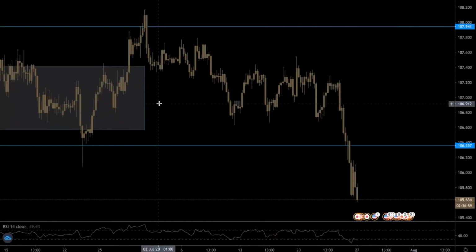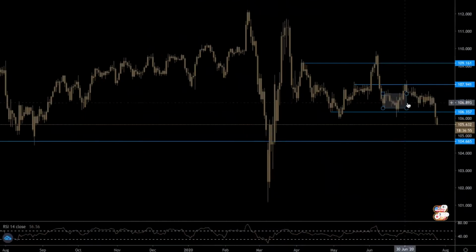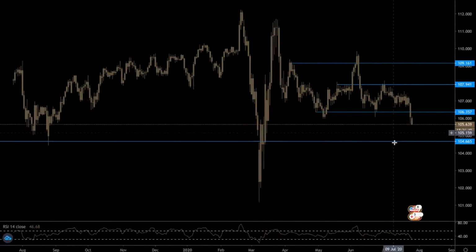Let's see what UJ is doing with the dollar just losing its mind. Everything happening in China, just all sorts of stuff. I mean, this thing's going to go to 105 for sure. It's just free falling in between this next major daily area.